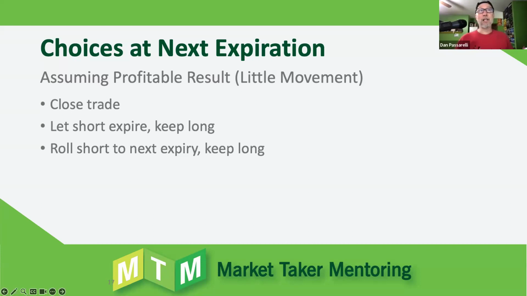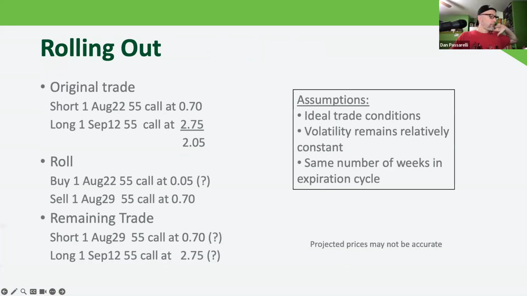But another thing I can do is I can roll to the next expiration. I roll the short option to the next expiration, but I keep the long option. This is why I like to have a few expirations between the two. So here's what I do.